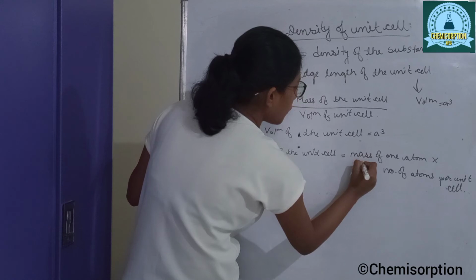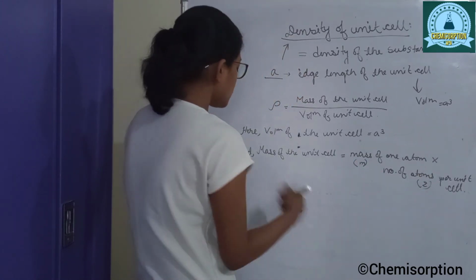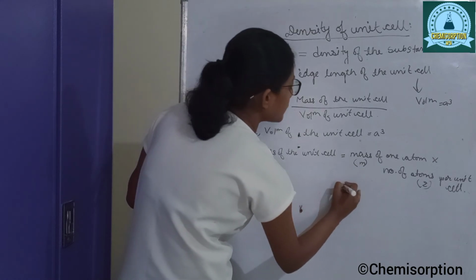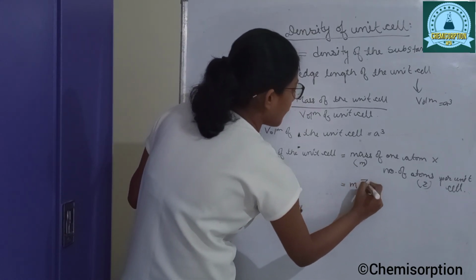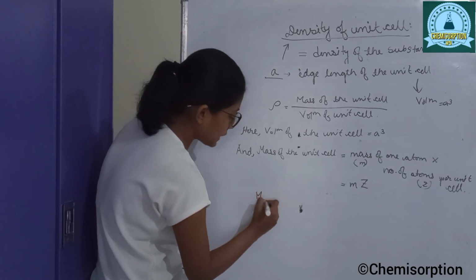So mass of one atom is denoted by m and number of atoms per unit cell is denoted by z. Therefore mass of unit cell can be represented as mz.